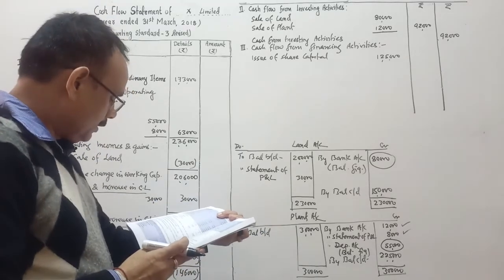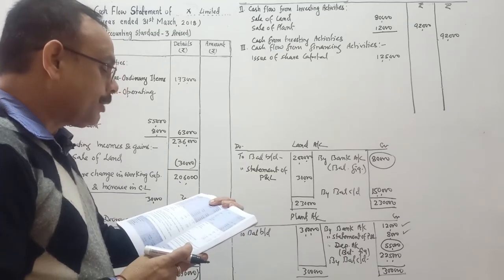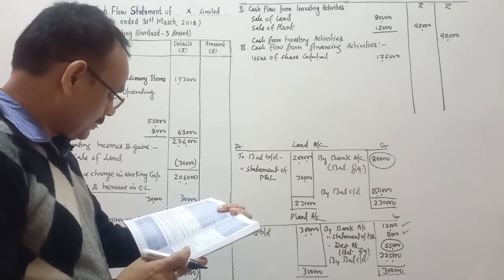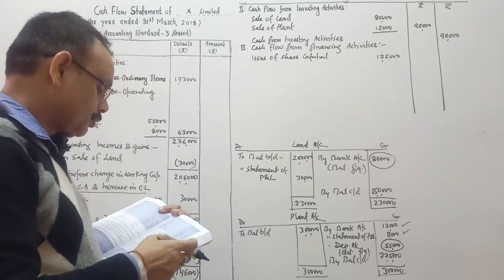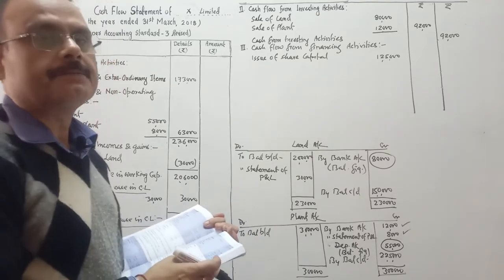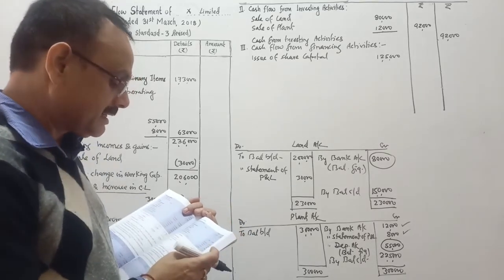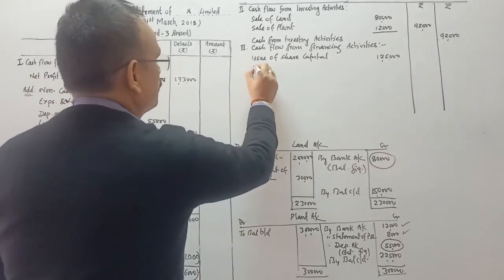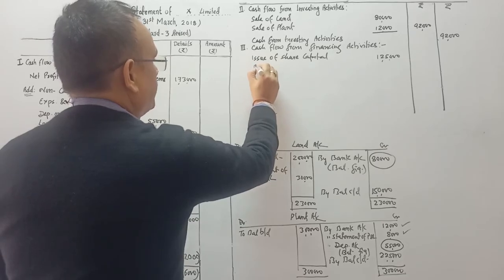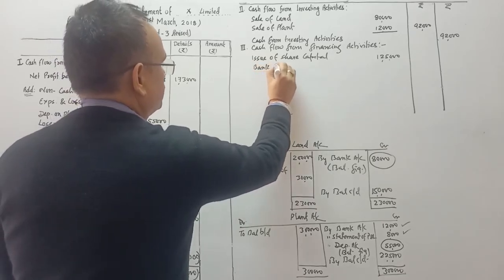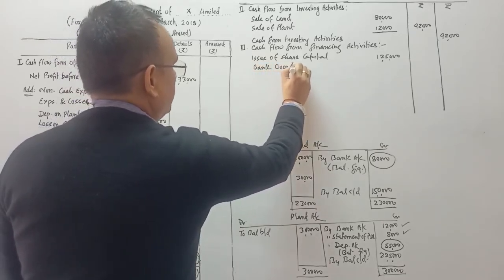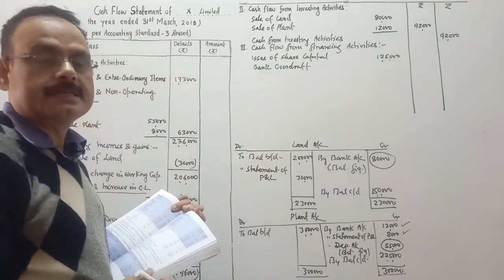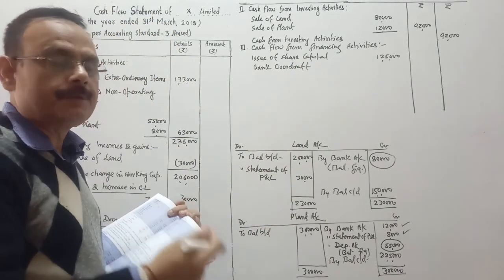Now next, you see bank overdraft. In short term provision there is short term borrowings. Bank overdraft comes under the financing activities. Last year it is 66,000. This year it is 88,000. So bank overdraft, money received from the bank overdraft, proceeds. Extra overdraft we have taken.